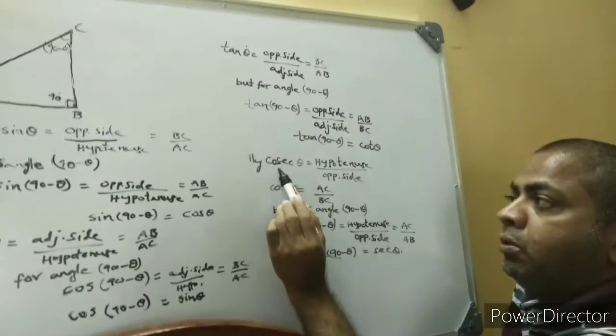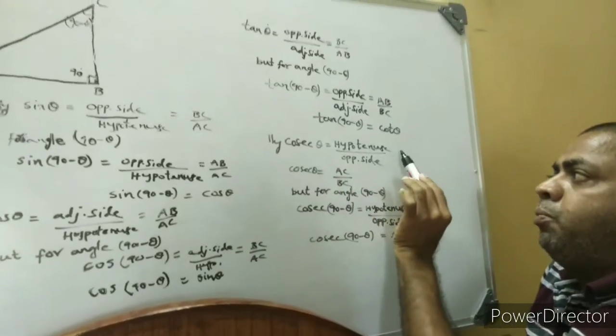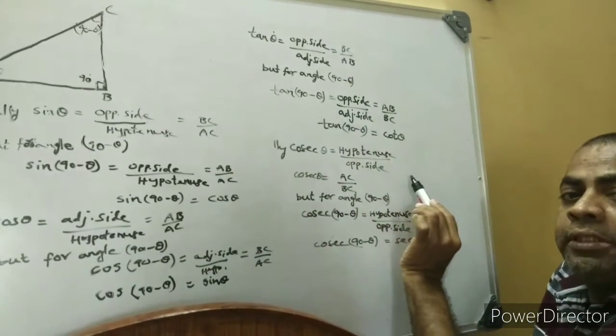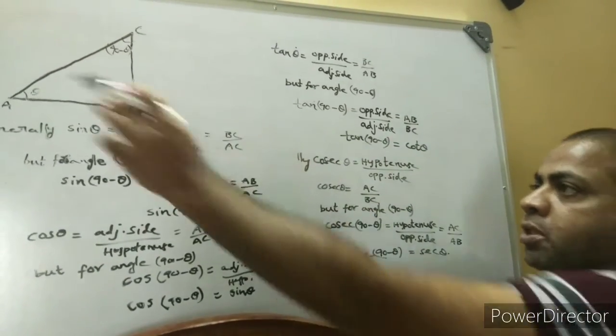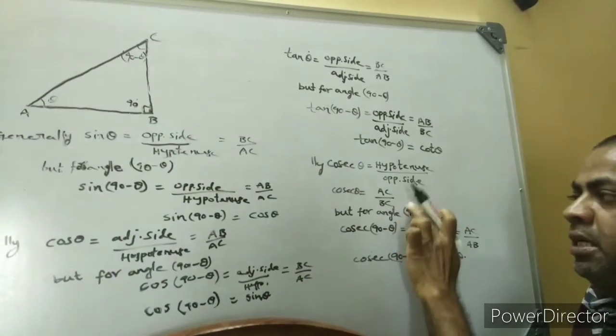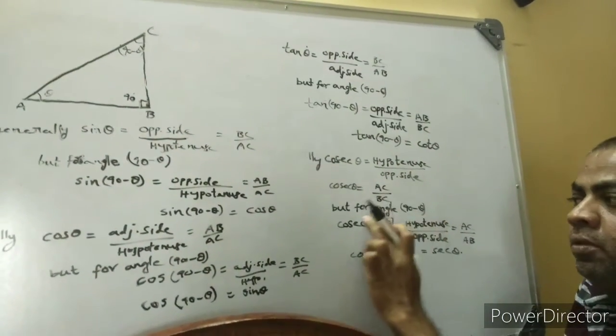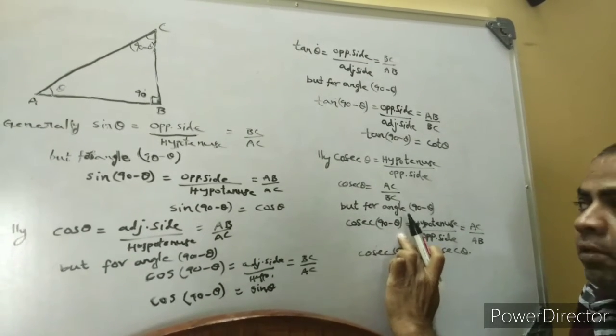Now let us see cosecant theta. The general definition of cosecant theta is the hypotenuse by the opposite side to theta. According to the figure, the hypotenuse is AC and the opposite side to theta is BC, so AC by BC. Now I am writing cosec 90 minus theta.